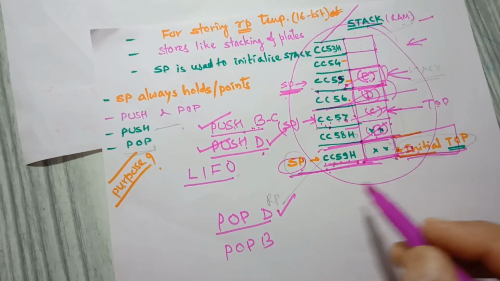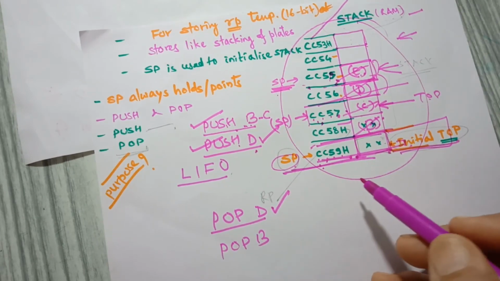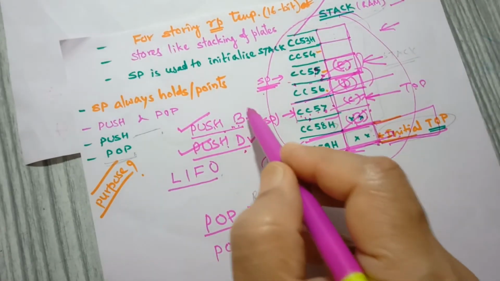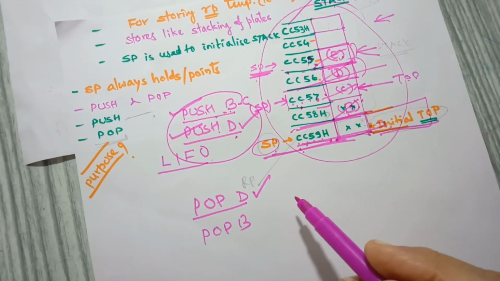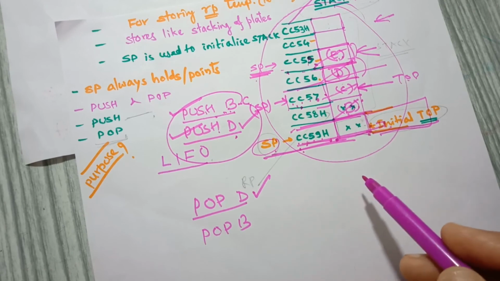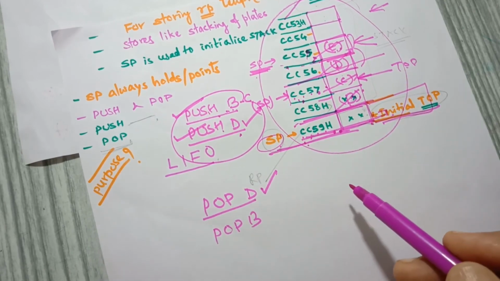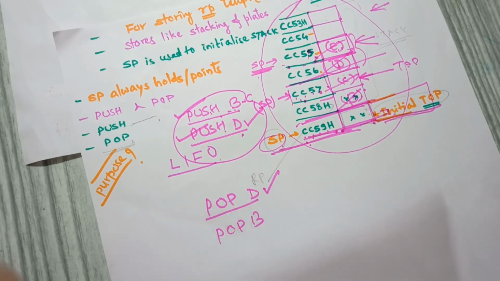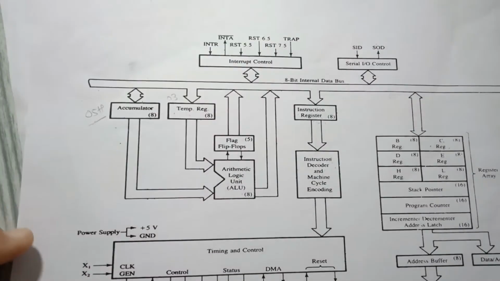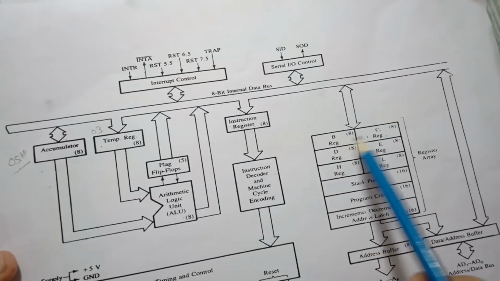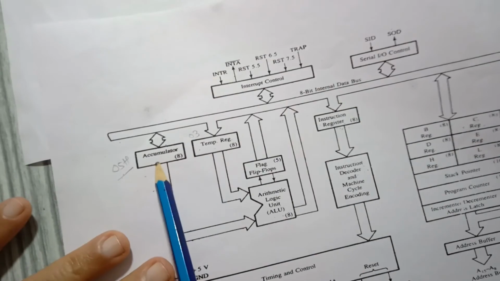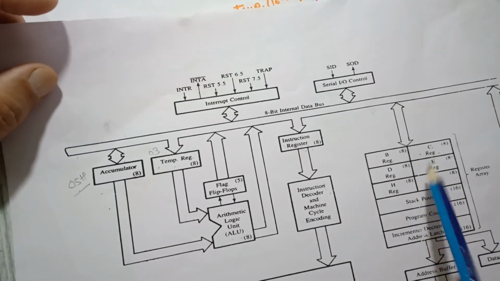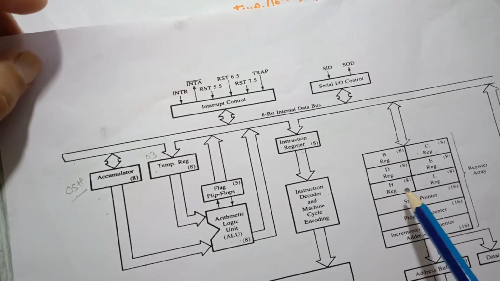Then the question might be occurring to your mind: why do we need stack, why do we want to store the 16-bit registers of 8085 temporarily to the stack? The reason is that we have a very limited number of registers in the microprocessor. We have just very few: B, C, D, E, H, L, then the accumulator. These are the accessible registers available, and the same registers have to be used by different programs also.